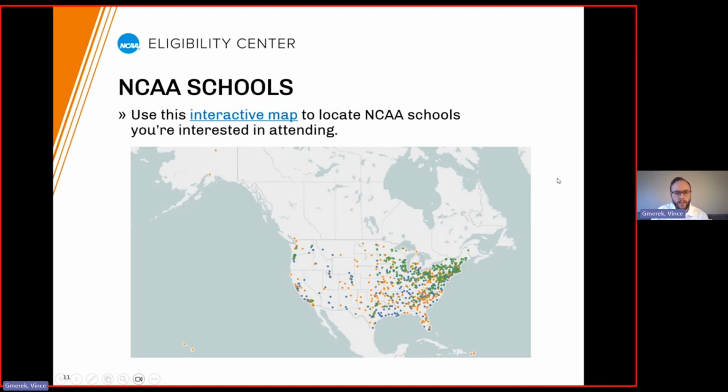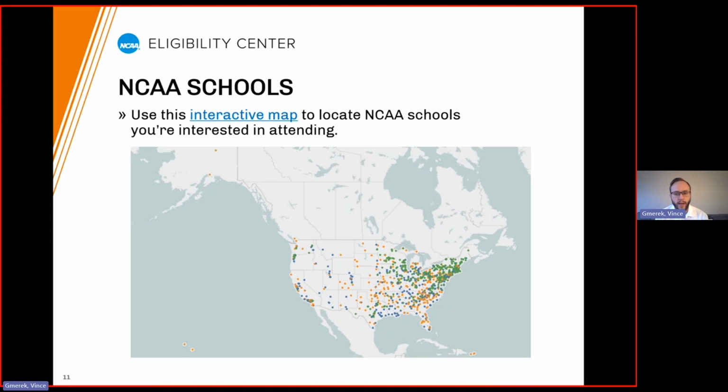Now I'm going to pause on this slide because it's an important slide and one that we often get lots of questions about. If you click on the link on this slide, you'll get taken to an interactive map that locates NCAA schools. A question we often get is how you are supposed to pick the school that you wish to attend. The answer is always that it's really up to you, talking to the schools that you're interested in attending to determine if they're interested in recruiting you as a student athlete.